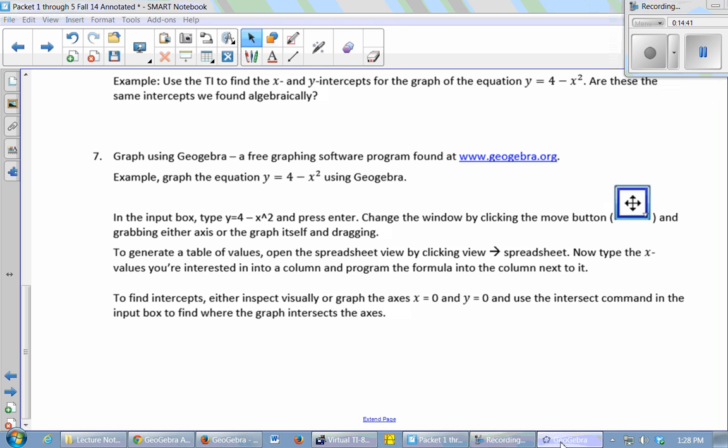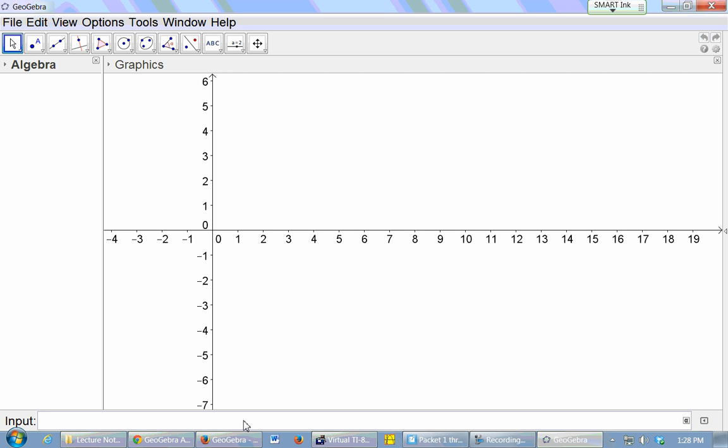So in the input box at the bottom, it says input, just type y equals 4 minus, and the way you type a squared is with the little caret. It's shift 6, the number 6, you put a little caret, and then 2 for squared. So that is like the x symbol for exponent. So 4 minus x squared, press enter.